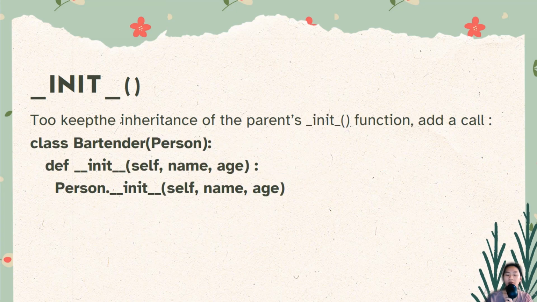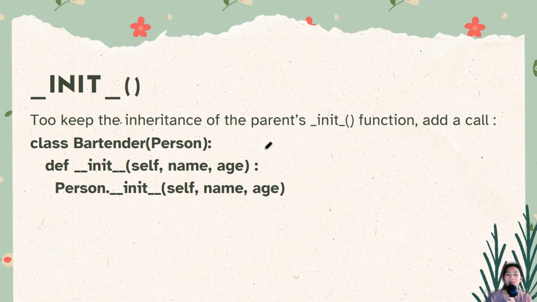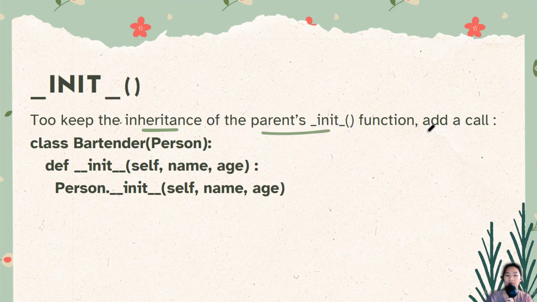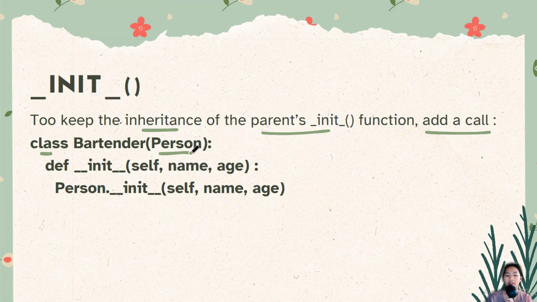Now, how do you want to stop that overriding? Very simply, to keep the inheritance of the parent's init function, you simply need to add a call, and this is how you do it. So we have a child class, bartender, inherits the person class.